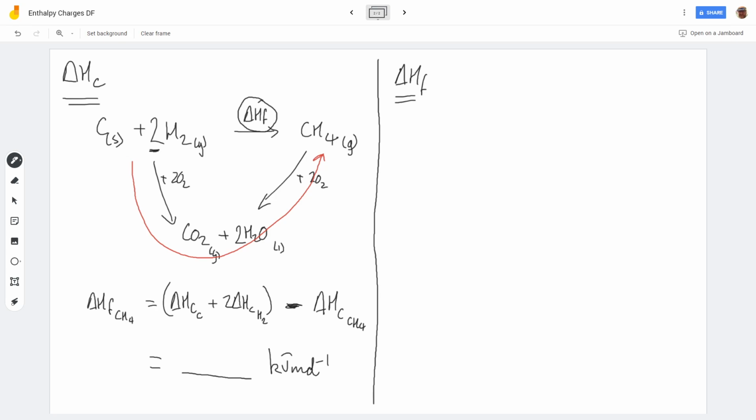So let's have a reaction. Let's say we wanted to work out the enthalpy change of combustion without having to bother measuring it, of ethane.